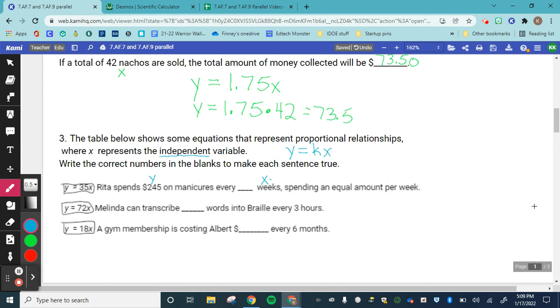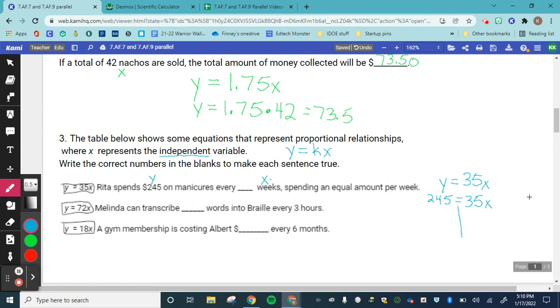So if I use my equation, y equals 35x, I know the 245 is the y, so I replace the y with 245 equals 35 times x, because we're trying to find the number of weeks. Now I see it's a one-step equation that I can solve.